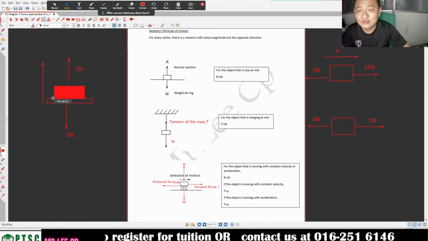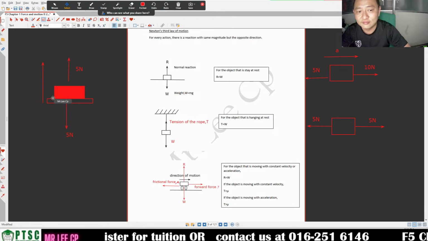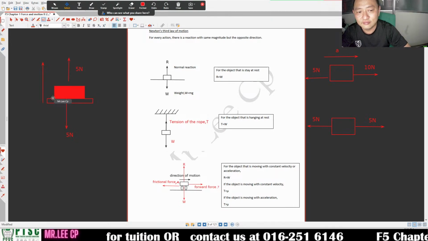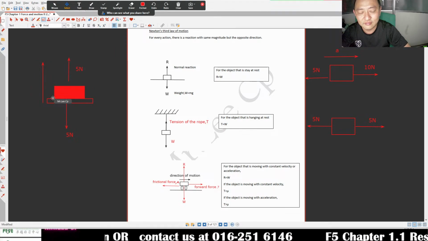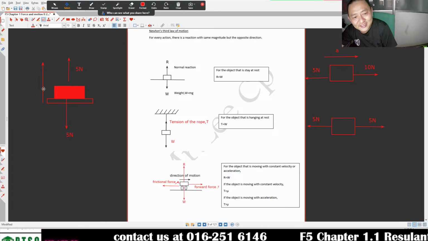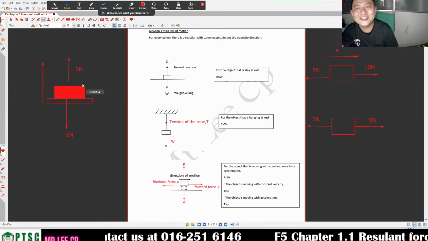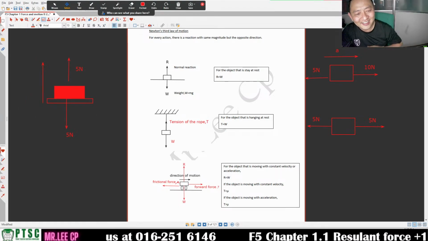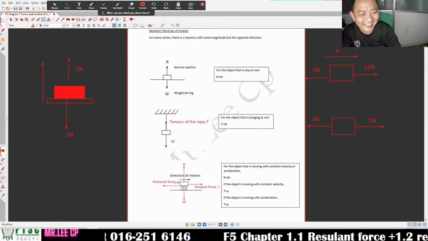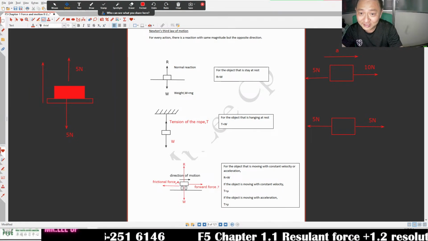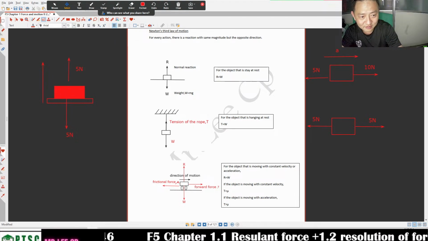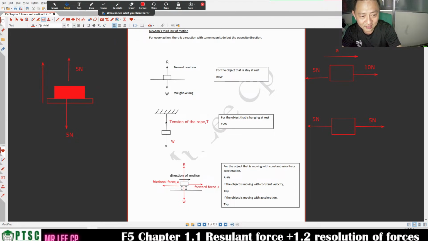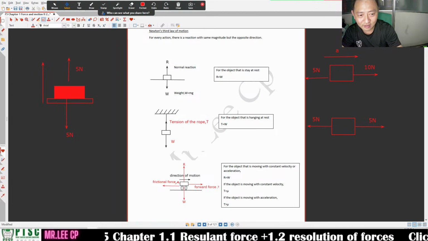Move or not move? Good question. I just feel like I'm bullying you. Alright, so a very easy question, right? 5 Newton up, the book, the object.